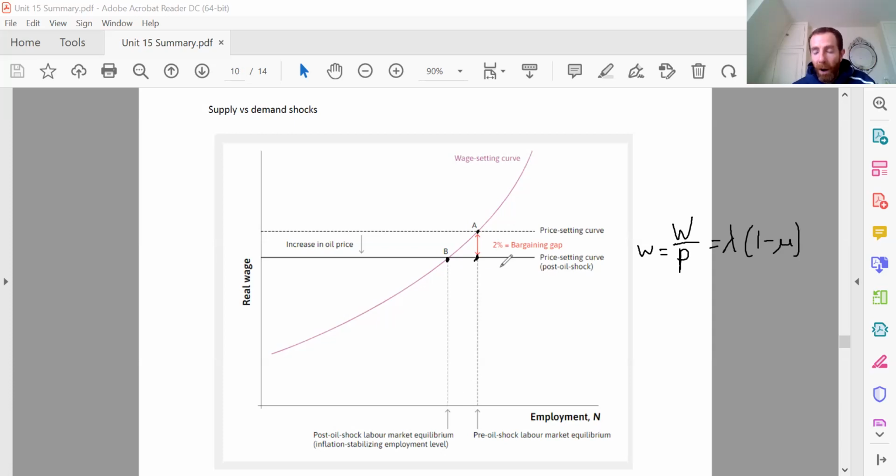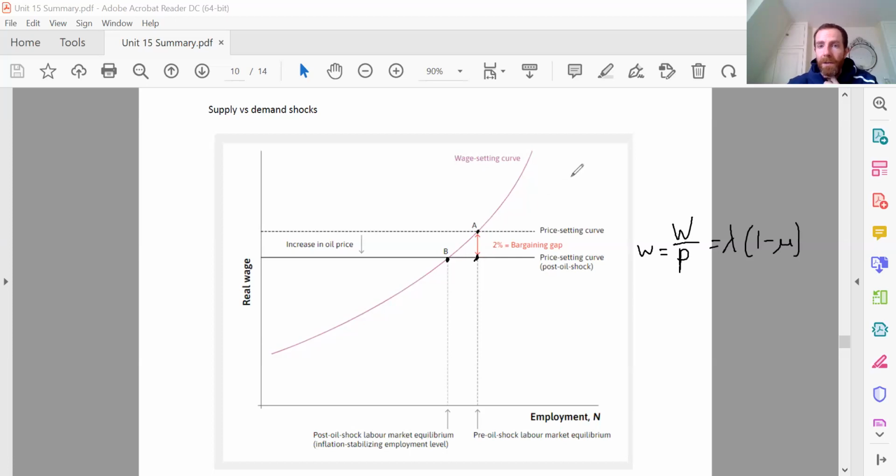So while there's an attempt to maintain the same level of employment, that's going to push up inflation, and we're going to move to new higher and higher Phillips curves. And then eventually, when we do allow things to move to the new labor market equilibrium, we'll get a higher level of unemployment. And so rising inflation and higher unemployment. And that's what we term stagflation.